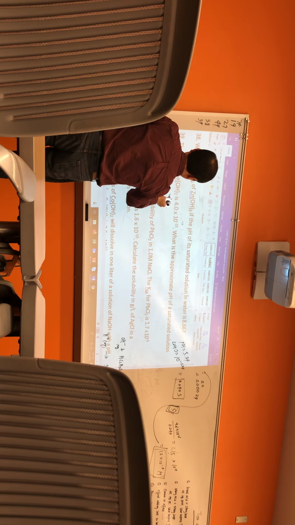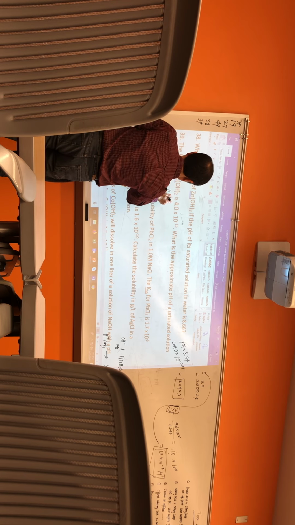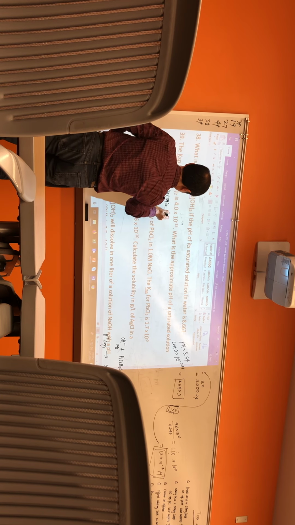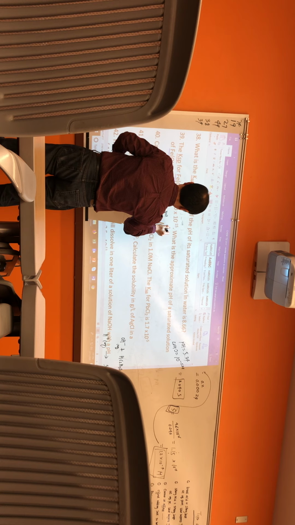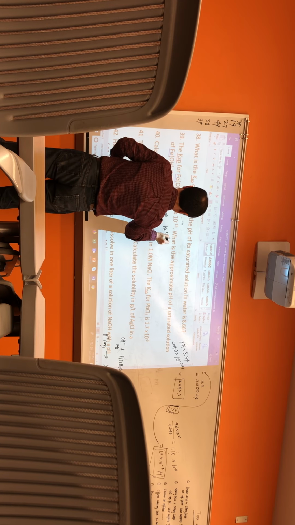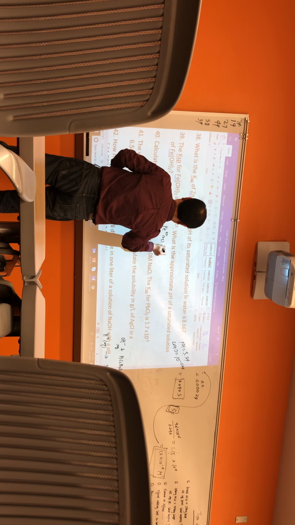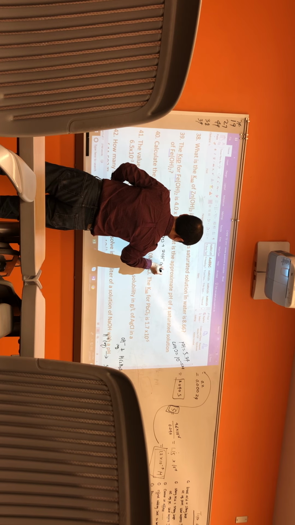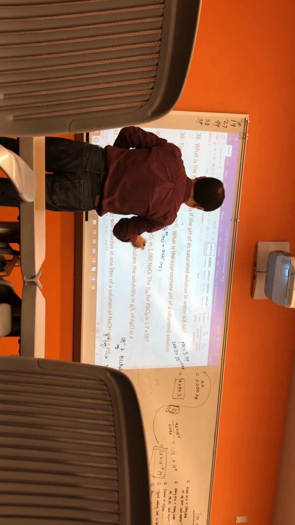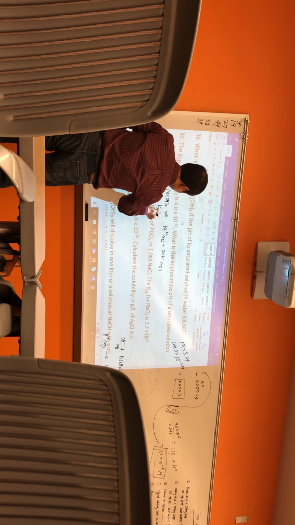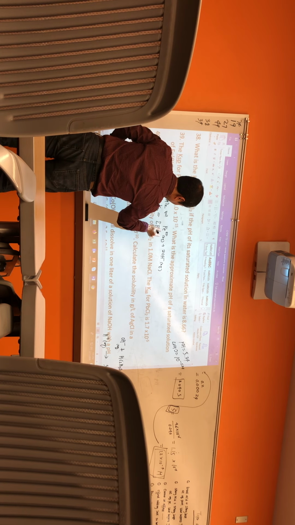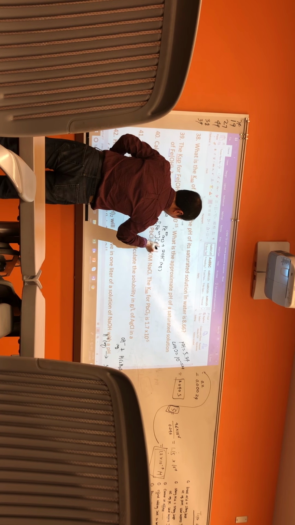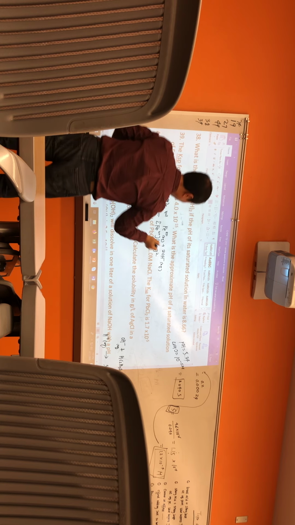Therefore, Fe(OH)2 dissolves like this. So KSP should be like that.